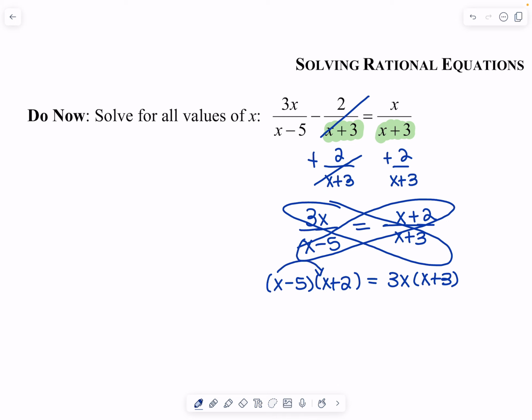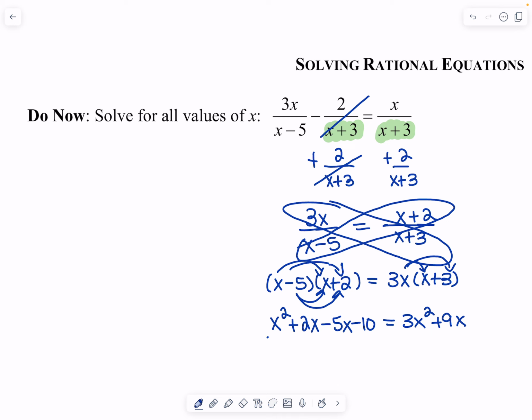So I'm going to do some distributing. I get x squared plus 2x minus 5x minus 10 is equal to 3x squared plus 9x. Now, because I have a quadratic, which means my highest power is a 2, I'm going to want to get this equal to 0.